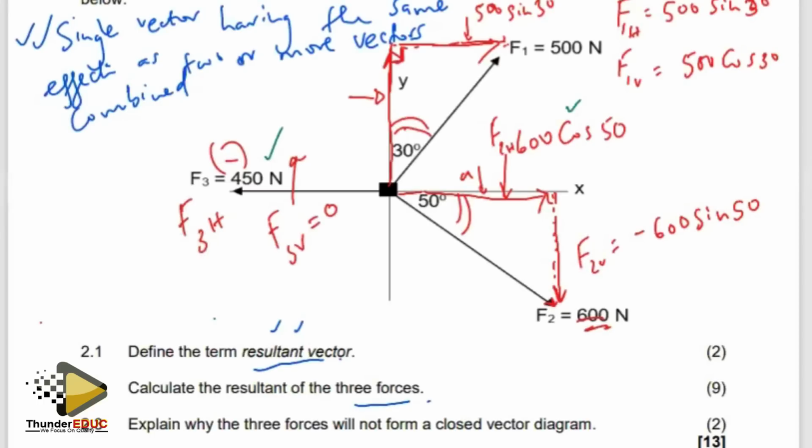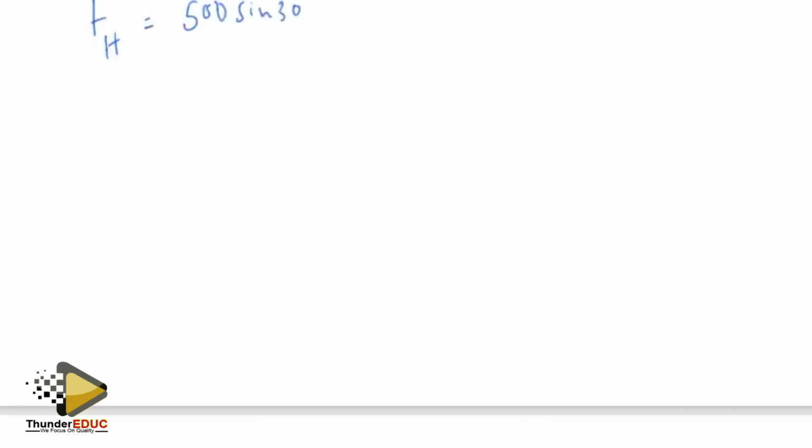So we say F horizontal, 500 sine of 30, 600 cos of 50, and then we're subtracting the 450. Can punch this into our calculator.